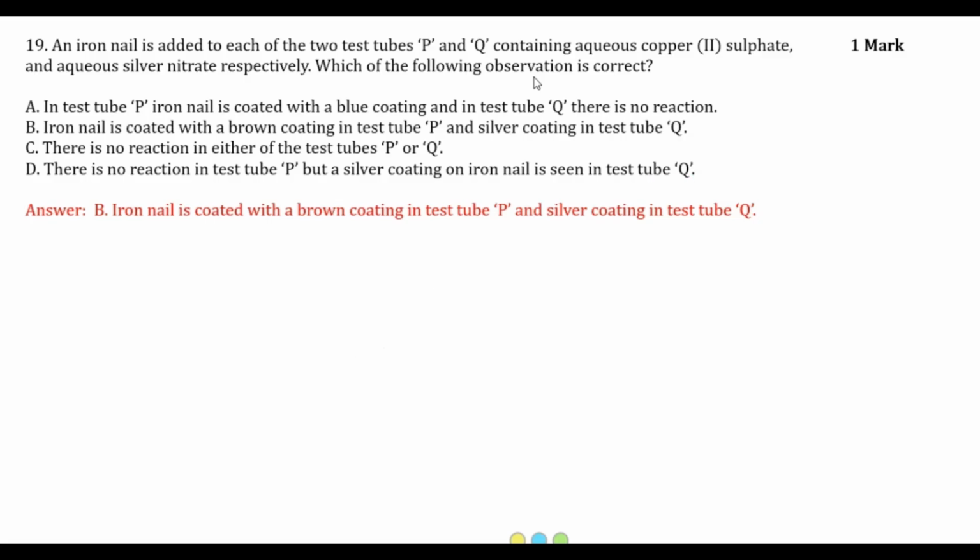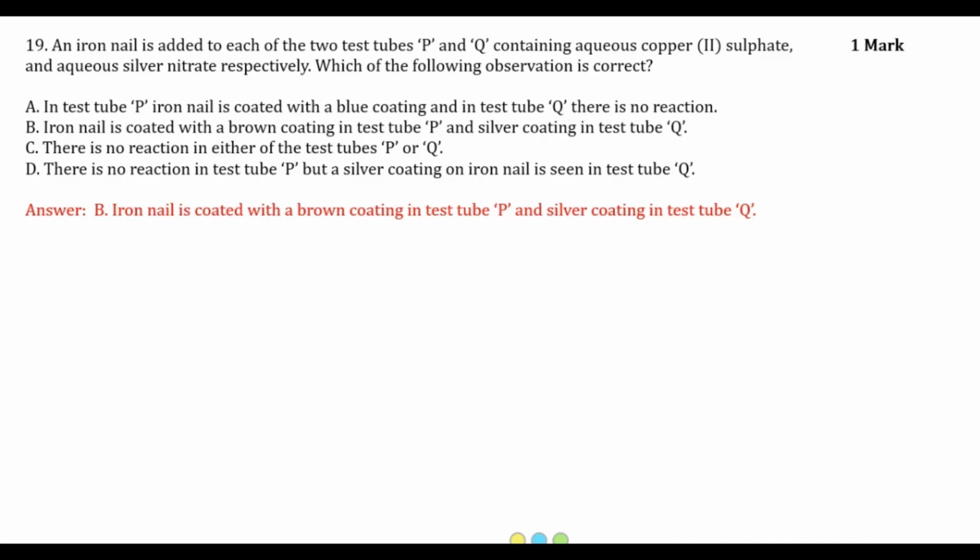This is an example of a displacement reaction. In a displacement reaction, the more active metal, element or species will replace the less active species. We will apply the same concept here, and for that we should know which is more active and which is less active, so we should know the electrochemical series, in which the elements are arranged in decreasing order of their reactivity.